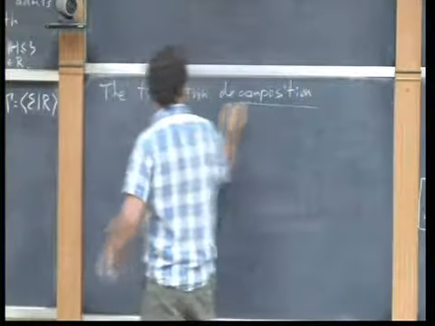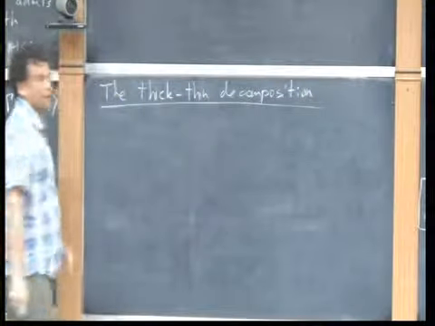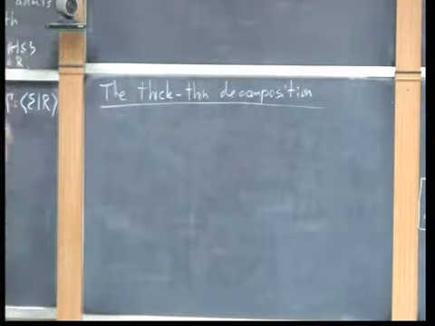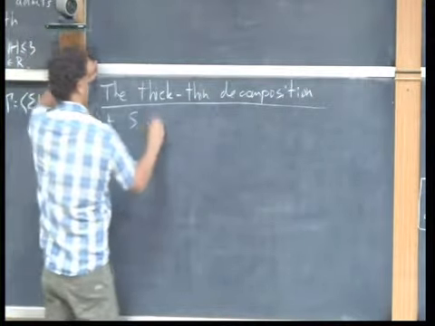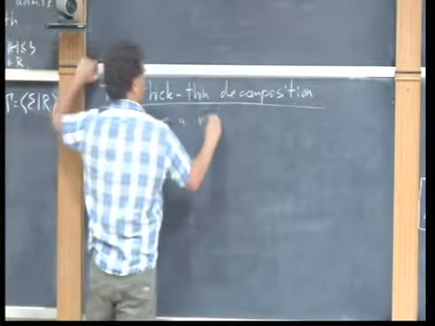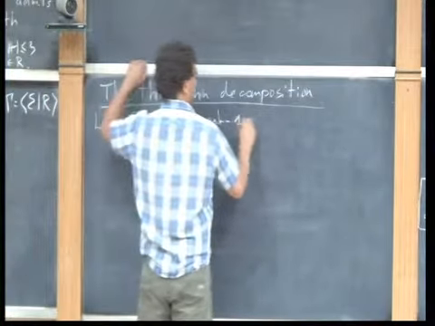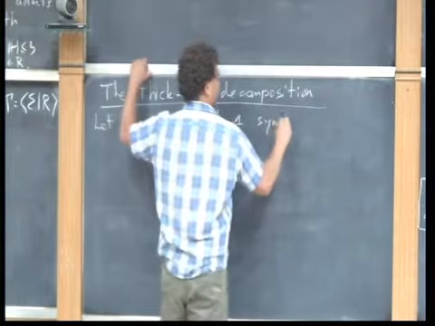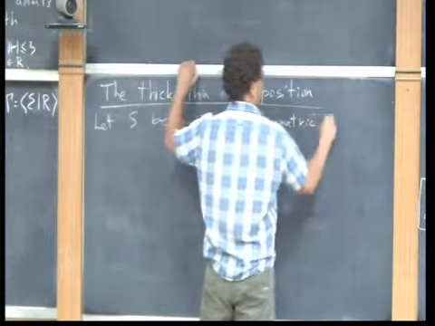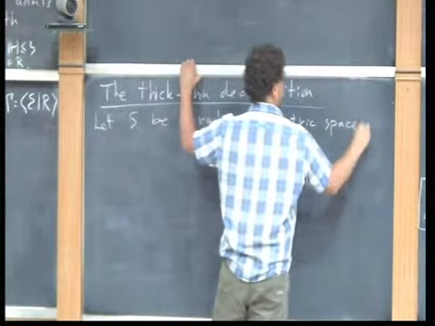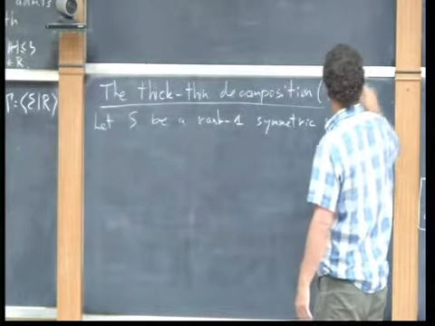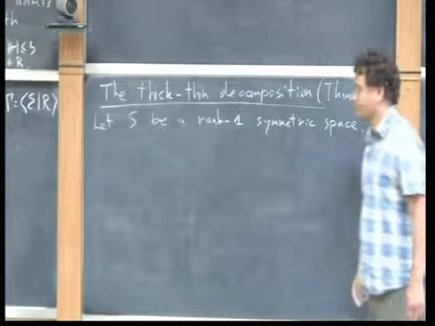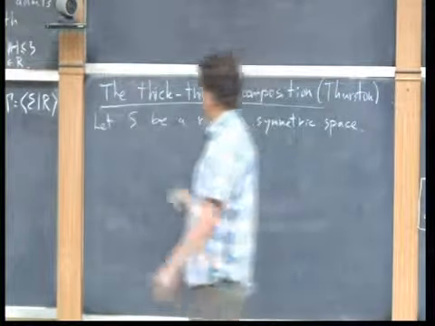This is the theorem of Thurston. It tells you, so let S be a rank 1 symmetric space, and epsilon the Margulis constant.